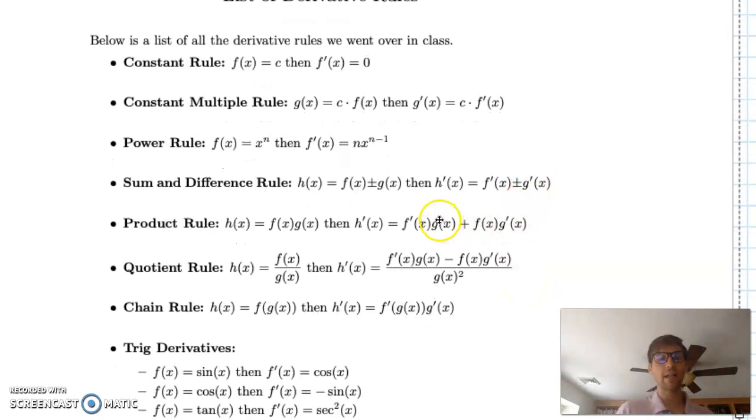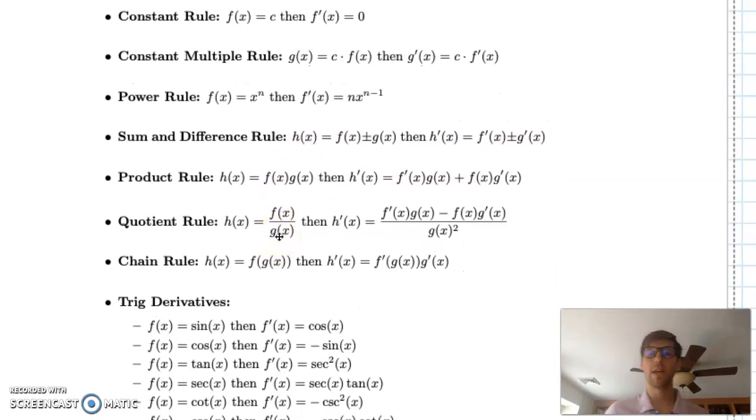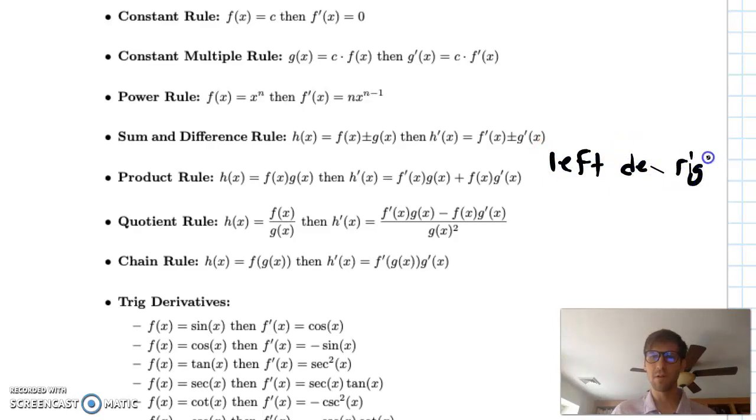So often I like to memorize it by thinking left d right plus right d left. They had it written opposite, but addition doesn't matter. So the left function times the derivative of the right plus the right times the derivative of the left. I like to think of it like that. Left d right plus right d left.